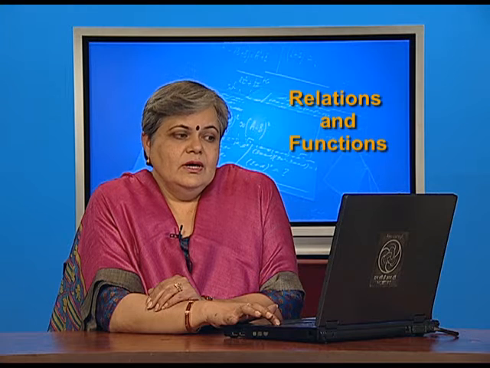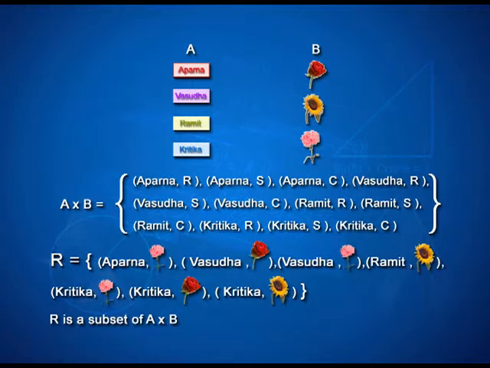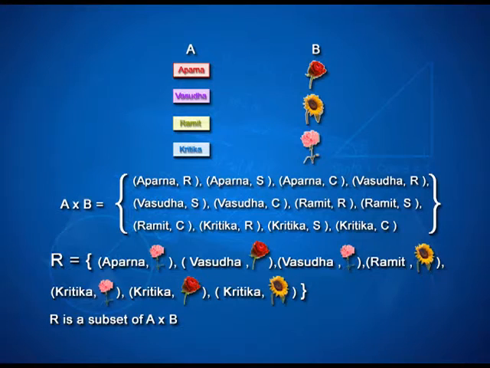And so, if I am looking at the possible collection of all these 4 elements with these 3 in the set B written as an ordered pair, it is actually nothing but A cross B, the Cartesian product of the 2 sets. So, I have 4 elements in set A, 3 in set B, leading to A cross B with 12 elements represented as Aparna comma R, where R now represents rose.